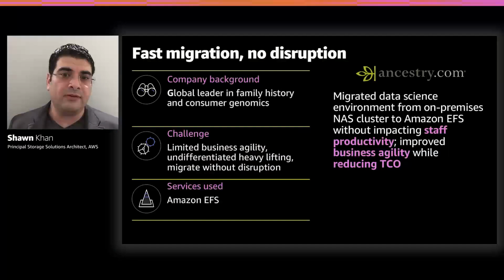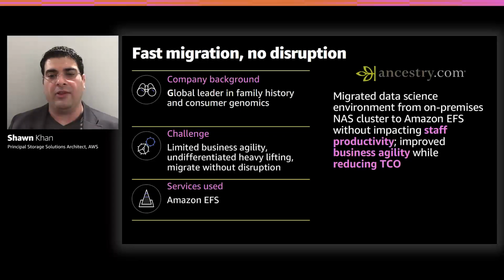Another example is Ancestry.com. They're a leading provider of family history services and consumer genomics. The challenge that they ran into was moving their genome analytics processes to the cloud. They wanted to make sure that they get on-demand compute, as well as being able to scale the frequency and speed of their experimentation.